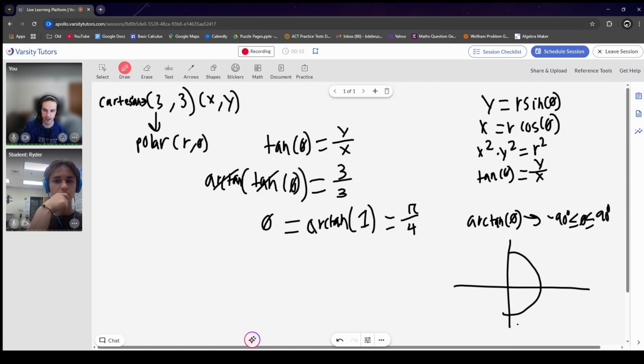So if you have a point on this side, say this was 135 degrees, and you do arctangent, you'll get this point right here. If this is 135, this angle here is about 67.